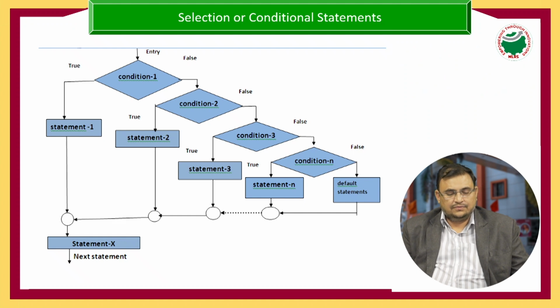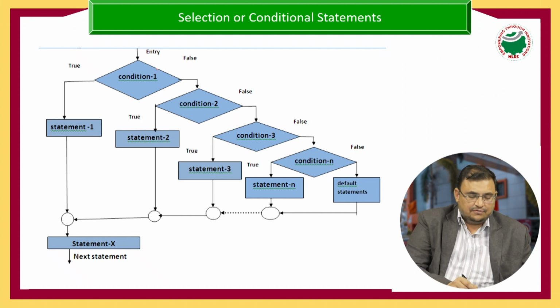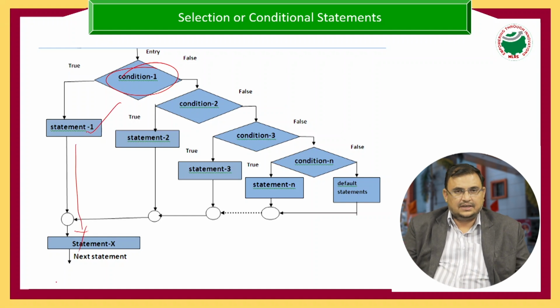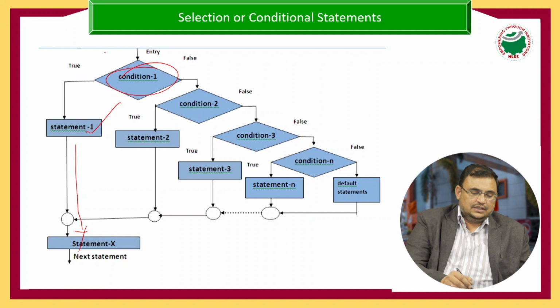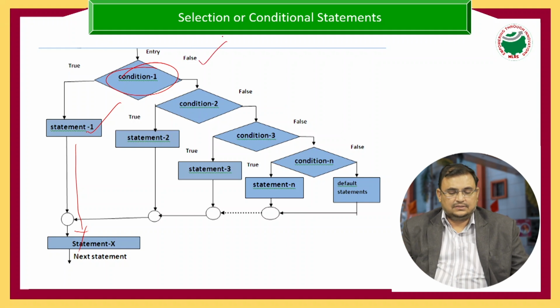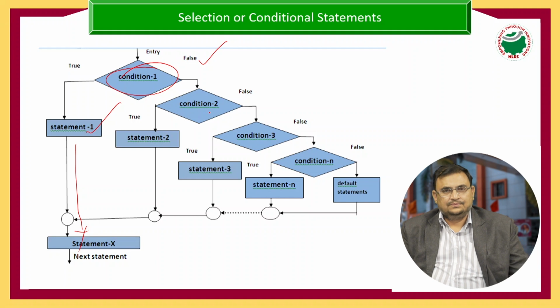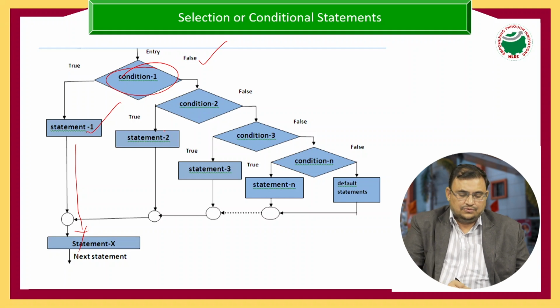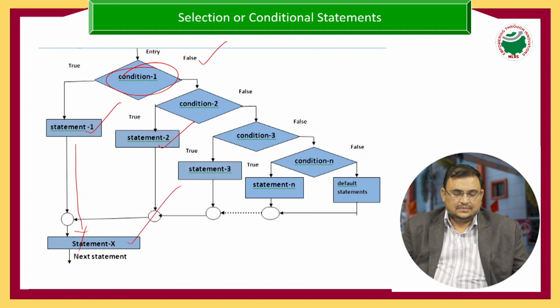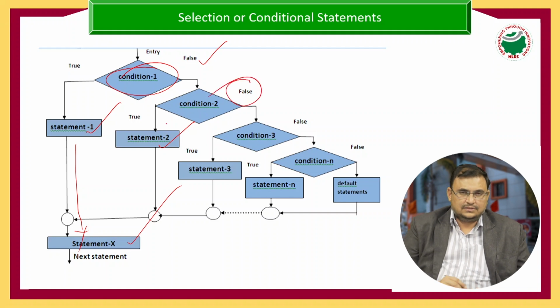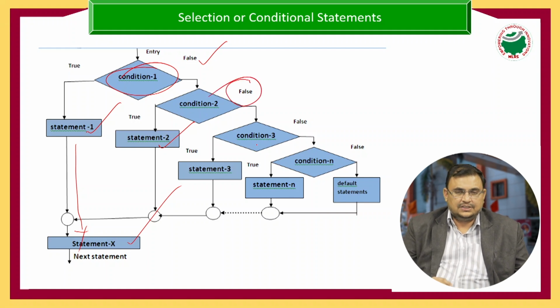See here, if you go for the flow chart, if condition 1 is true, it executes statement 1, and control goes to statement X directly. All remaining conditions and statements are skipped. Assume condition 1 is false, then it goes for condition 2. If condition 2 is true, it executes statement 2, then statement X, and the remaining statements are skipped. Assume condition 2 is also false, then control goes to condition 3.